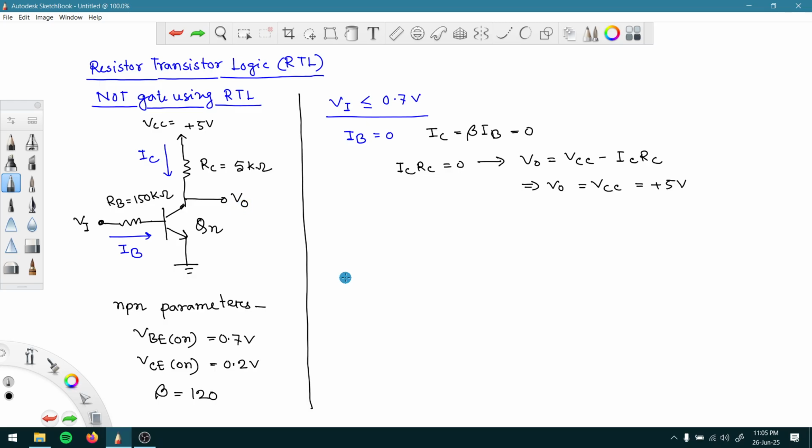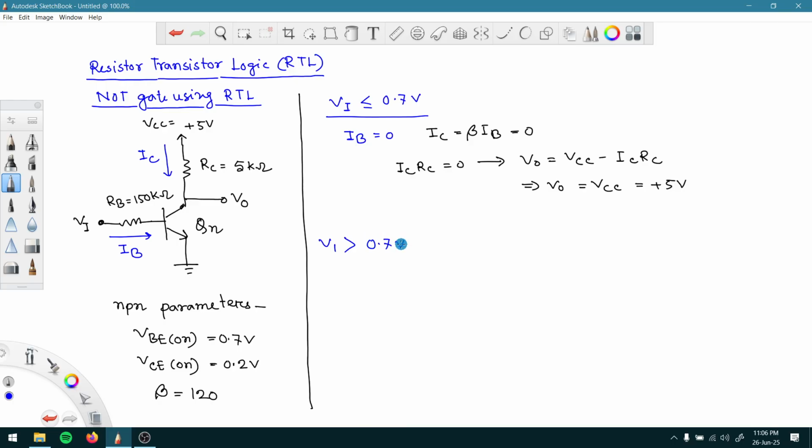Now let us look at the next condition when we increase the voltage from 0.7 to a higher voltage. When we start from 0.7 volt, we will see gradually we will have enough voltage at the base terminal for this junction to be forward biased, right? So we are talking about a condition when Vi is higher than 0.7 volt.